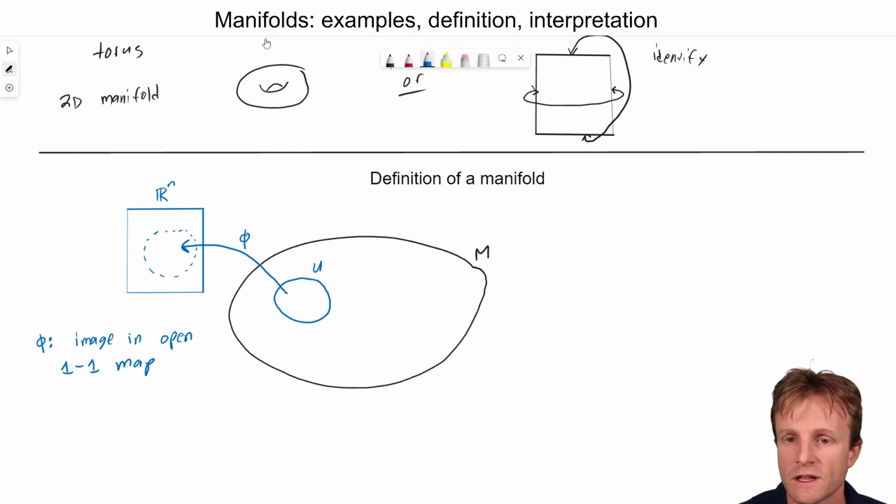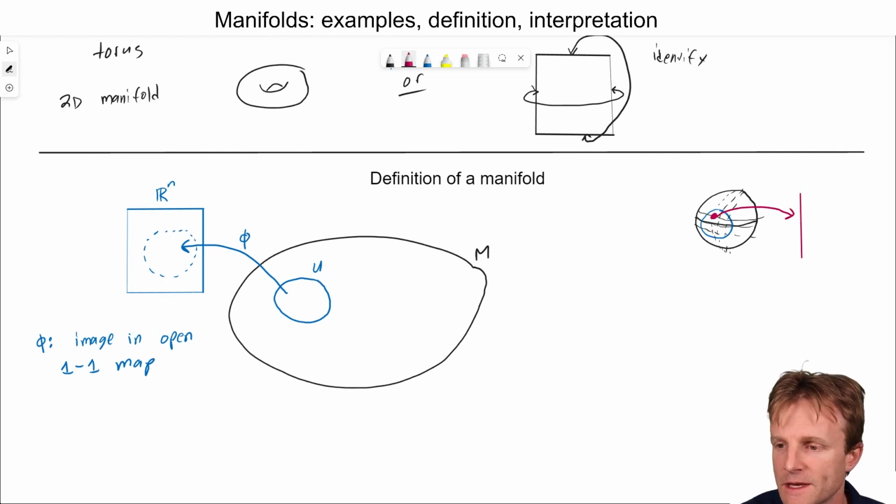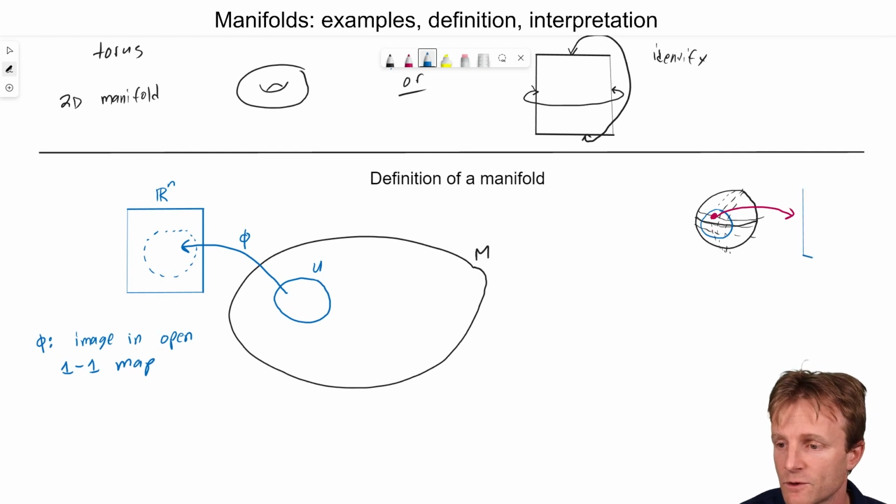So if we imagine our manifold is the surface of the Earth, and we're interested in describing things over here near Tucson, we could have a region like that, and we could draw our longitude lines and our latitude lines on the Earth. And the map we're talking about takes some point here, call it Tucson, and maps it to a copy of R2, since this is a two-dimensional manifold.